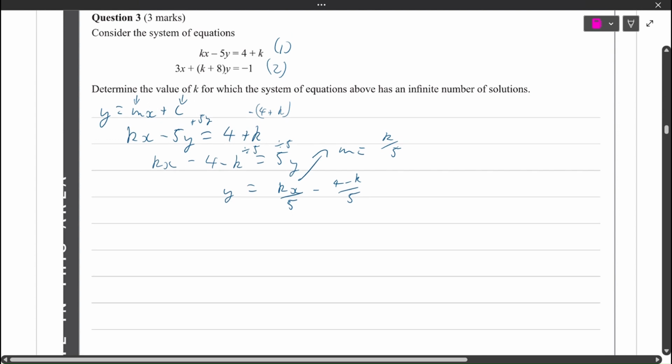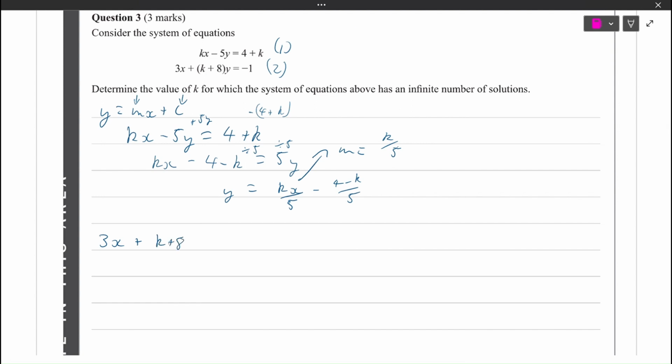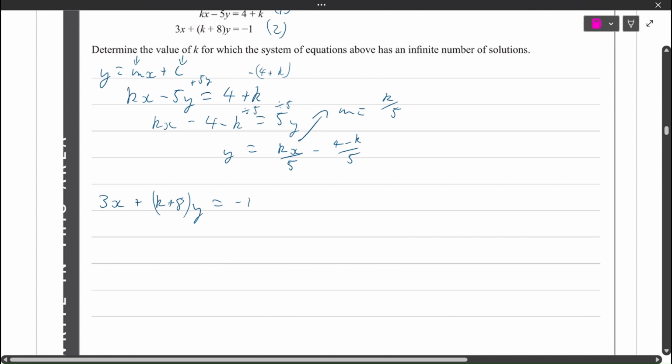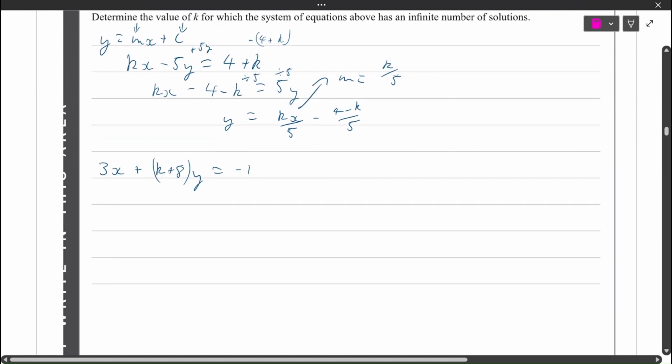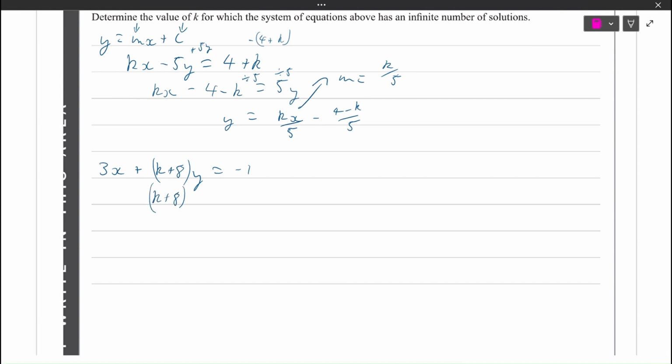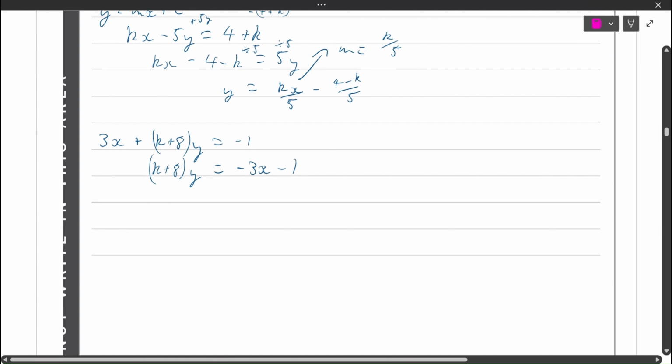Then for this one here we do 3x plus k plus 8, y equals -1, and we have to rearrange it into this format. So we can start off by minusing 3x, so k plus 8, y equals -3x minus 1, and then divide by k plus 8.